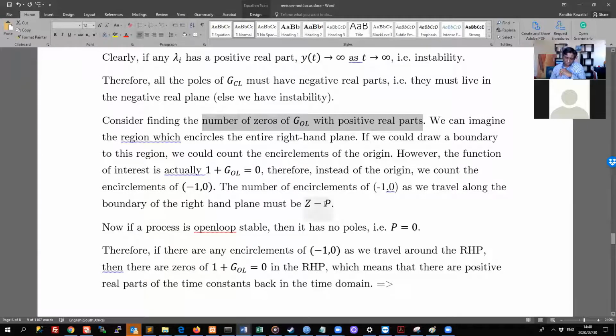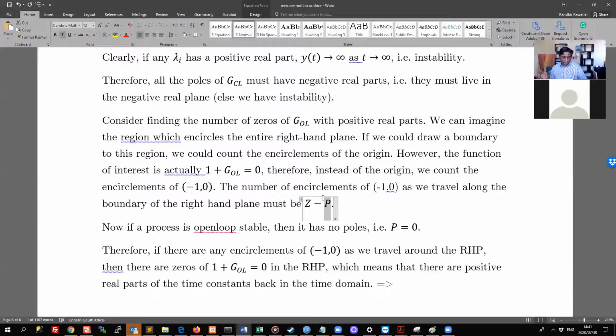So we know that P is 0. If that's the case, then the number of encirclements that we see in the F-plane will equal the number of zeros in the right-hand plane, right? So that's the first bit of logic. So there are no poles, and then we are looking at whether we are encircling a point here.